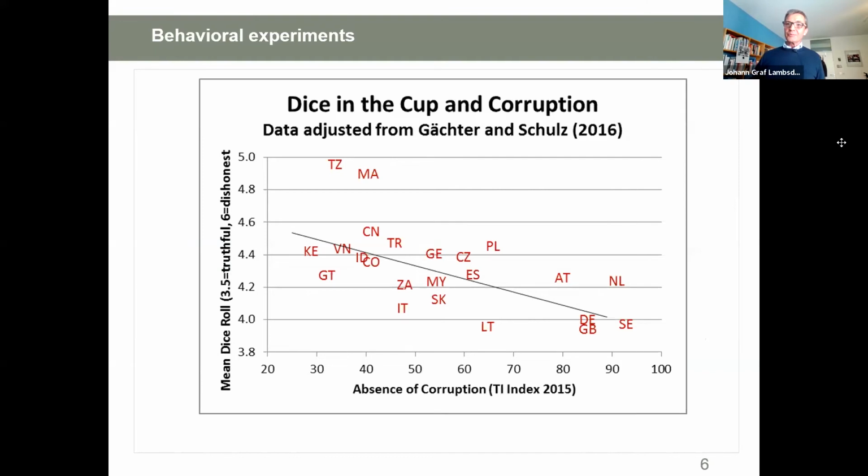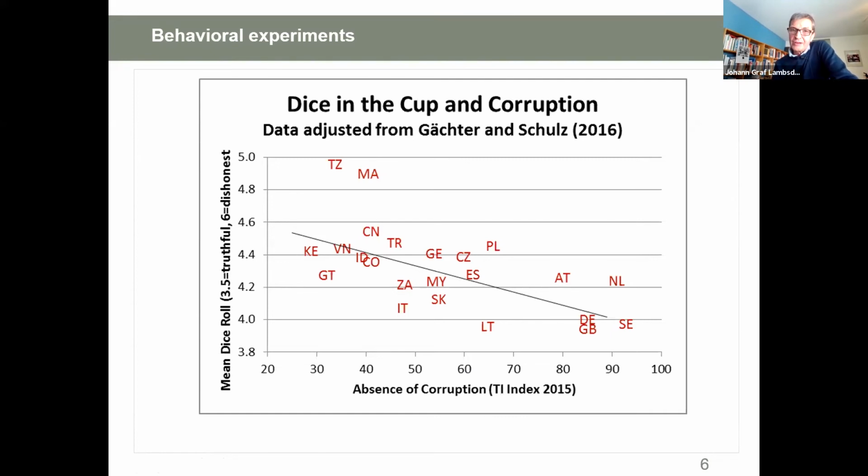And the interesting thing is we see a correlation of these findings with levels of corruption. Now, this is the result from a publication by Jonathan Schulz and Simon Gächter from 2016, where they found that in countries with low levels of corruption, so these would be countries here in the TI index with values of 90, like Germany, Great Britain, Sweden, Netherlands, Austria, people tend to report low values on average in these dice experiments.